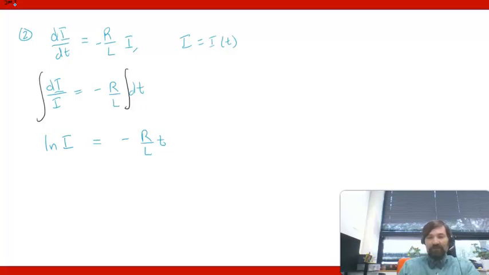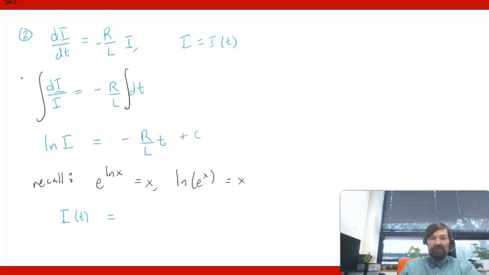So now, to get rid of natural logs, recall that e to the ln x is equal to x, and ln of e to the x is also equal to x. So I should be able to take e to the power of both sides of this equation to get that I of t is equal to e to the power of negative R over L times t plus c.